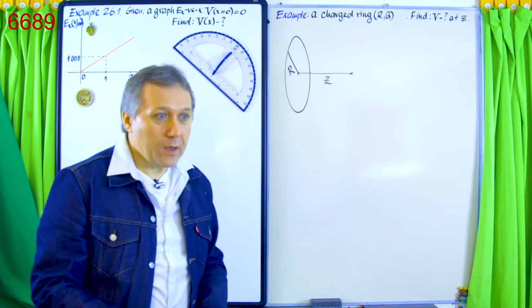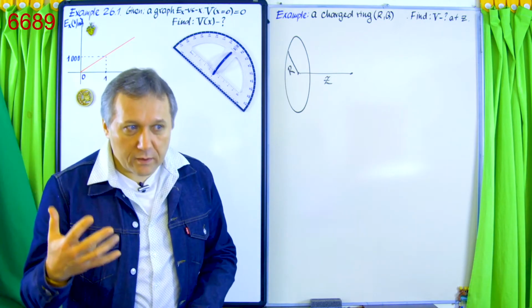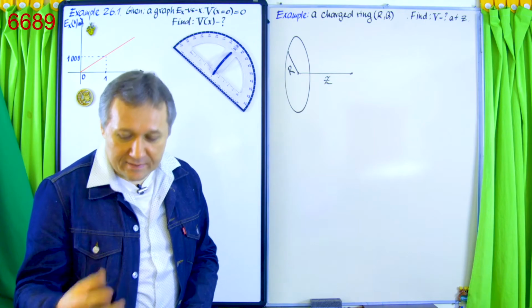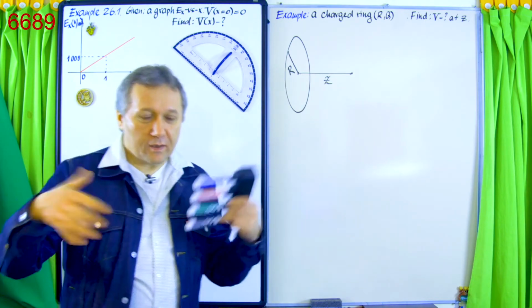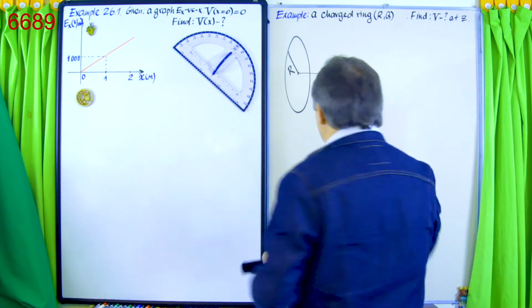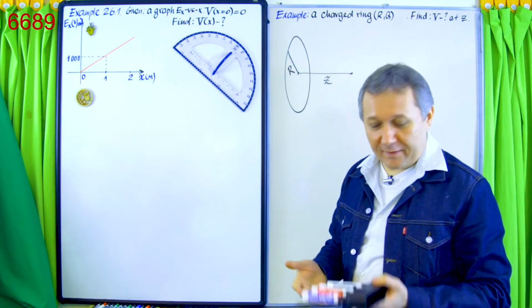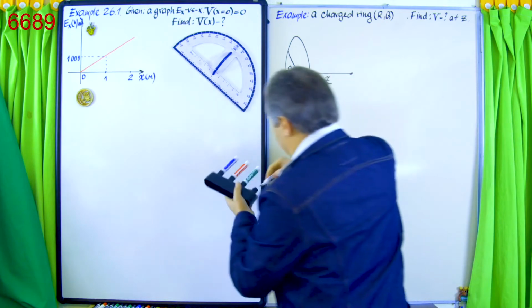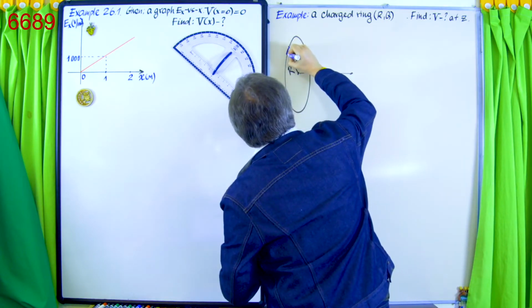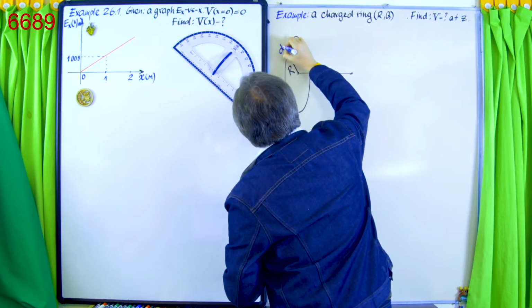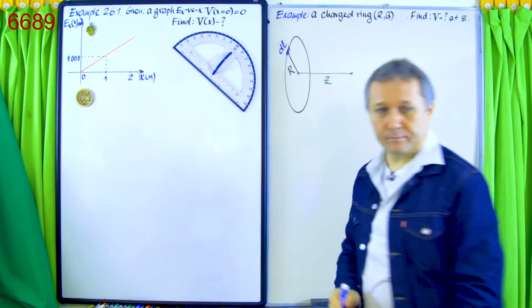Okay, so again, the beginning is exactly the same as when we tried to find the electric field. You take an infinitesimally small section of this ring with length dl.